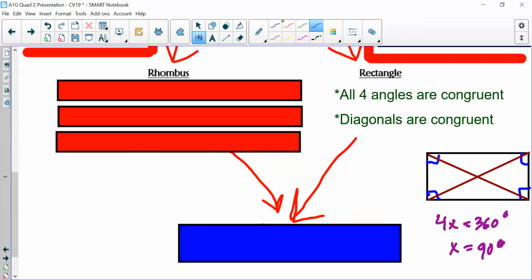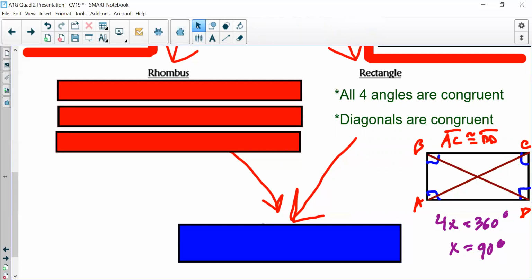So let's label this rectangle A, B, C, D. So segment AC is congruent to segment BD. All right, so there's our rectangle.